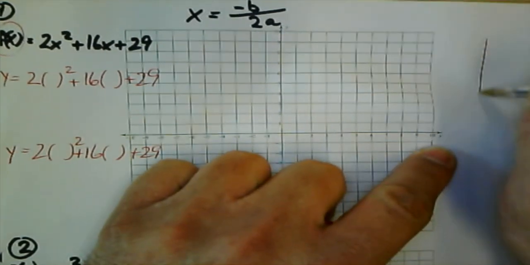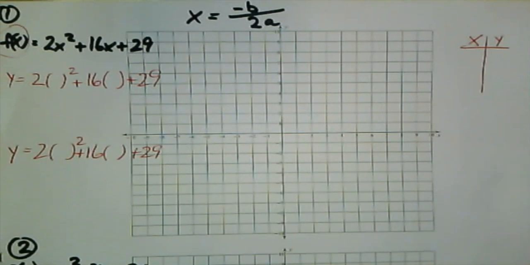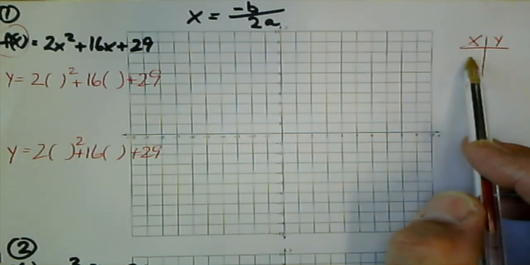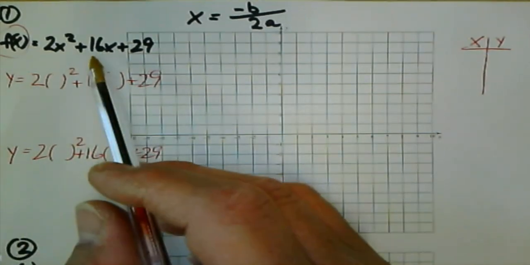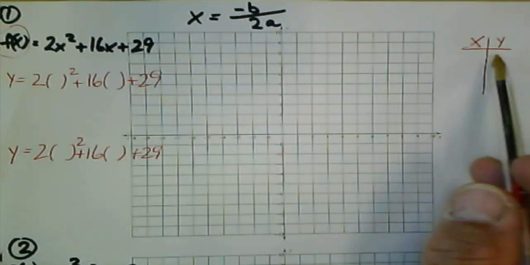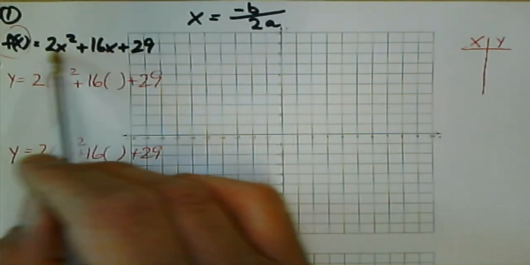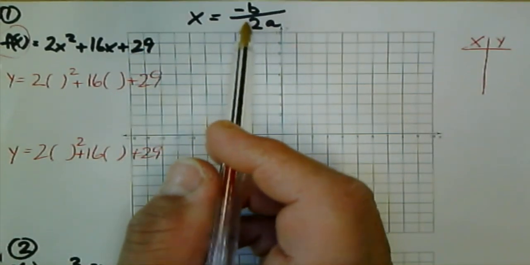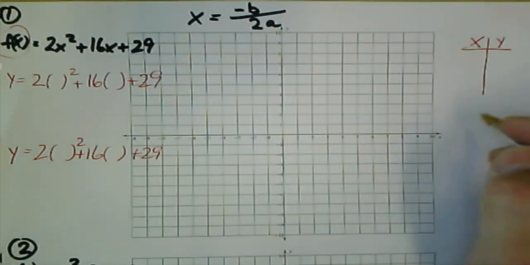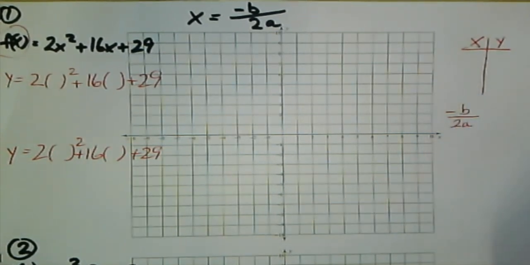We're going to make a little graph of our x and y's, or our coordinate points, but we need to find the first coordinate point. In absolute value, we were able to use the equation to find it, but it's not in that particular format. This is in standard form for quadratics. So we need to use this formula, -b over 2a.